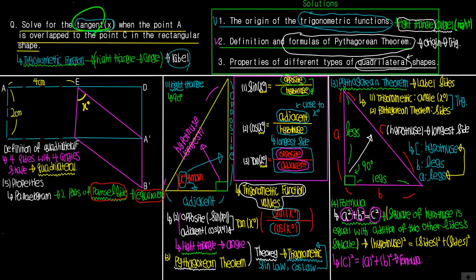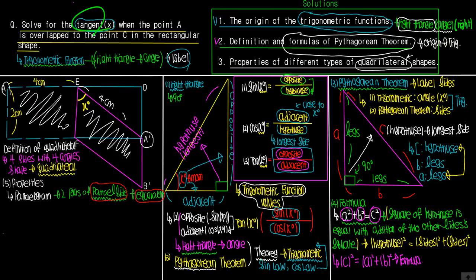So if this is 4 centimeter, this one should also be 4 centimeter. The reason is because this is a point A, this is a point A dash. The reason why we call it A dash is because this one intersects and overlaps with the point A. That means the area right over here should be exactly equivalent with the area right over here. So if this is 4 centimeter, this one should also be 4 centimeter. Do you know the reason?